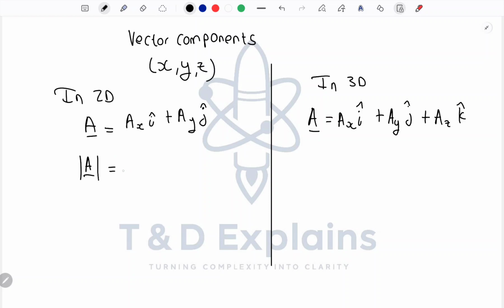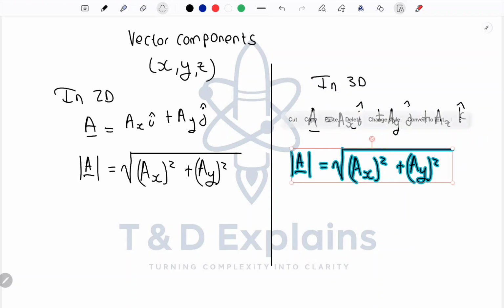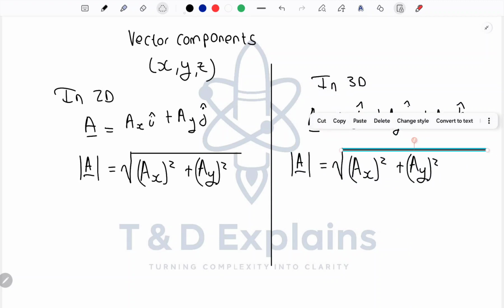The magnitude is given by the square root, where you square all the components. So it's going to be the square root of AX squared plus AY squared. Similarly in 3D, we use the same formula, however we also add another component, which is AZ squared.